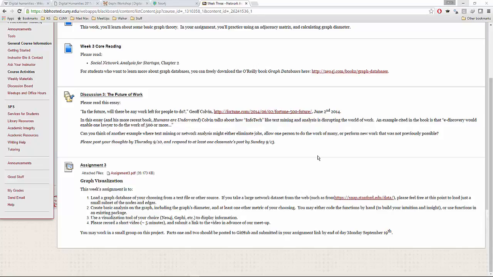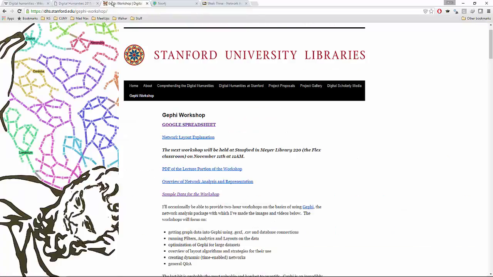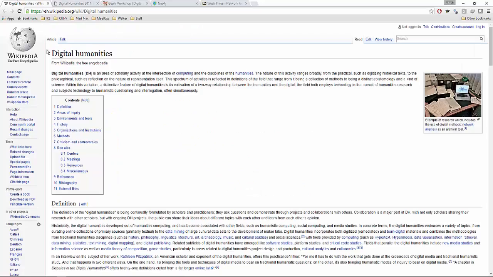I spent some time looking for a data set and doing a little more reading on Neo4j, and I came across a Stanford site which talks about the digital humanities. Digital humanities is an area of scholarly activity at the intersection of computing and the disciplines of the humanities.